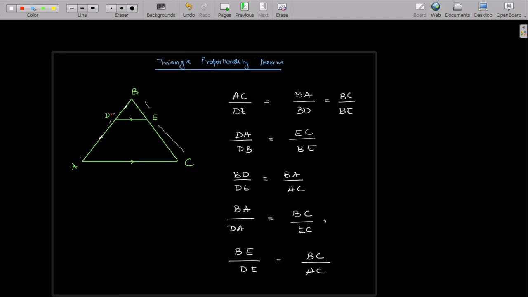First one is very simple. We are simply taking the sides: AC over DE, BA over BD, and BC over BE. So we have simply taken all the three sides.